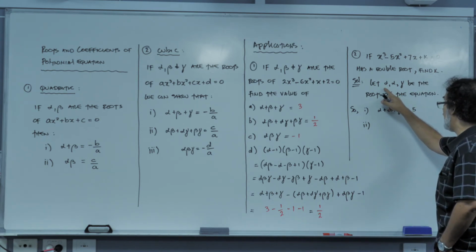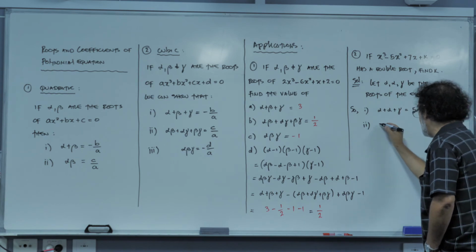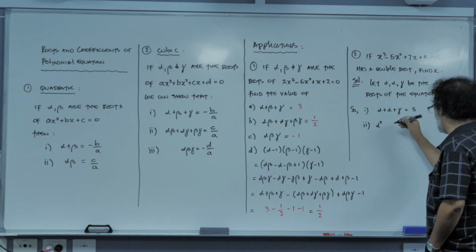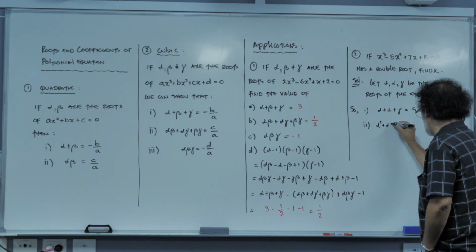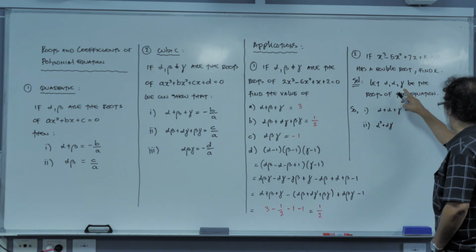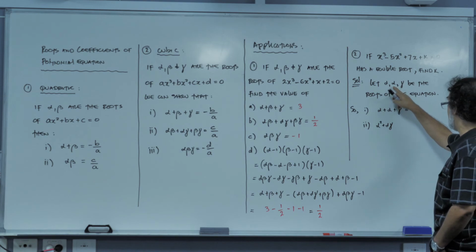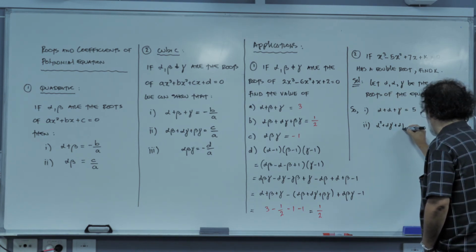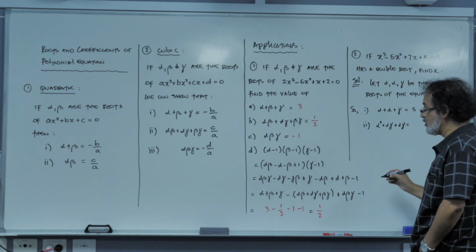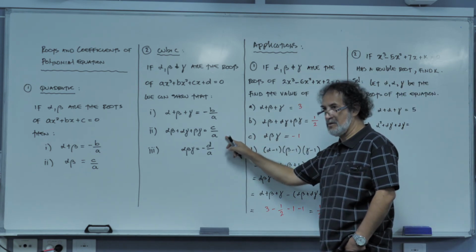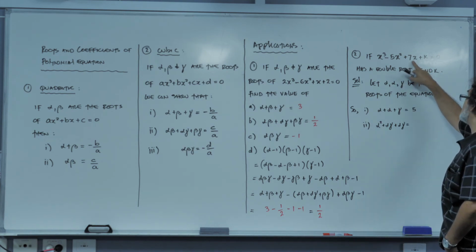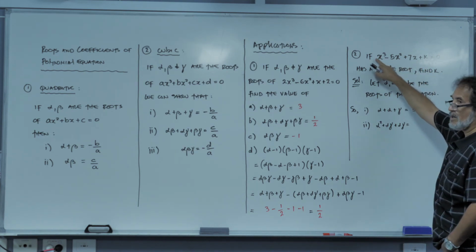Alpha times alpha is alpha squared, alpha times gamma is alpha gamma, and then we have another alpha times gamma, and that is equal to c on a. In this case c is equal to 7, so it's 7 over 1, which is just 7.